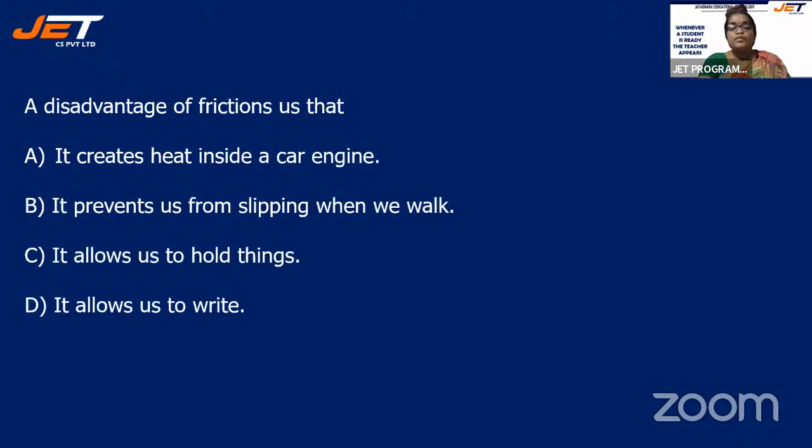Next one. A disadvantage of friction is that it creates heat inside a car engine, it prevents us from slipping when we walk, it allows us to hold things, it allows us to ride. Let us see. It creates heat inside a car engine, right?